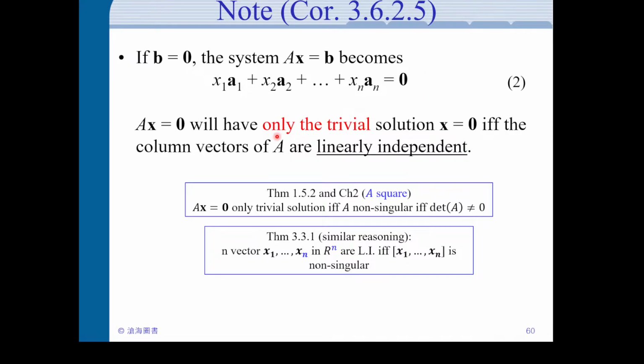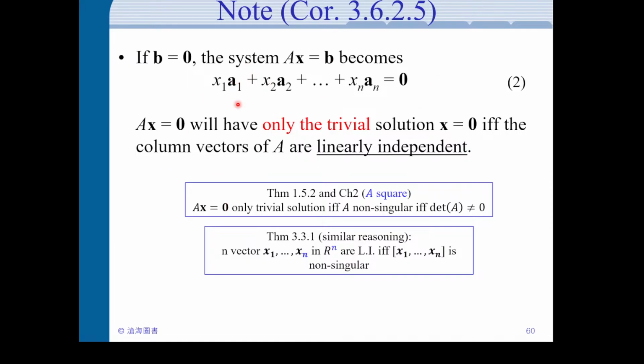We see this equation a lot in this chapter. This is the equation for determining whether things are linearly independent or not. So this has a non-trivial solution if and only if those vectors are linearly dependent. This is just the definition of linear dependence.